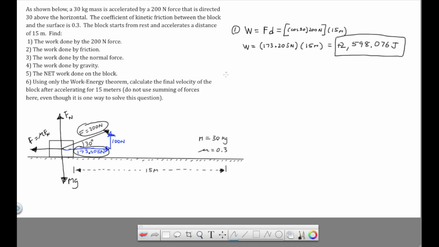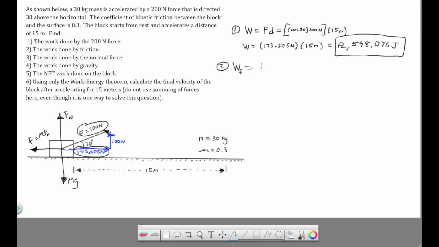We would consider this to be positive work, in the direction of motion. Okay, second question, the work done by friction. That little f there indicates friction. The work done by friction is going to be negative because friction is always opposite motion, and work done opposite motion is considered to be negative work.